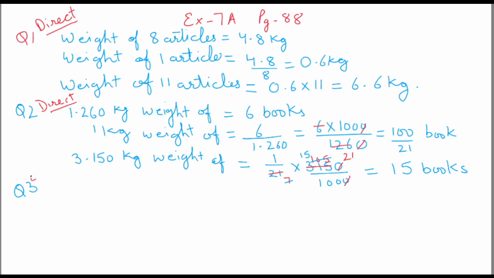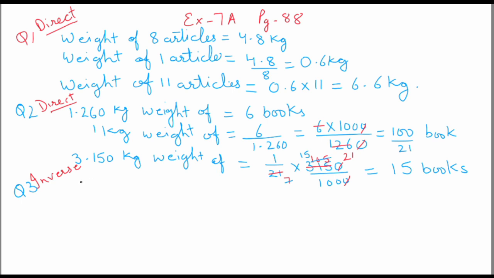This is inverse variation. If the persons are more, the work will reduce, and if the persons are less, work will increase. Now read the question further: in how many hours will 12 men complete the work?